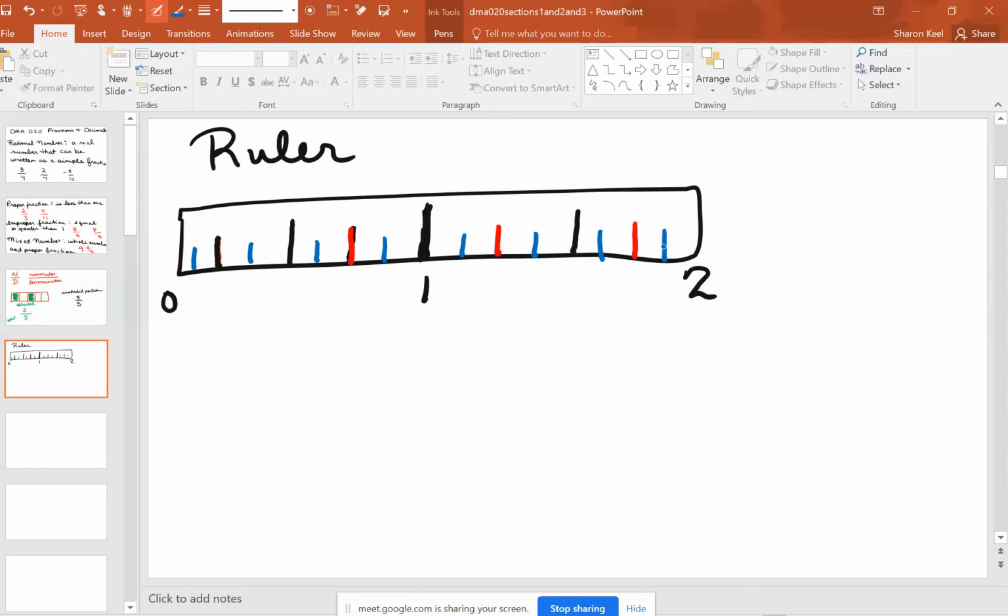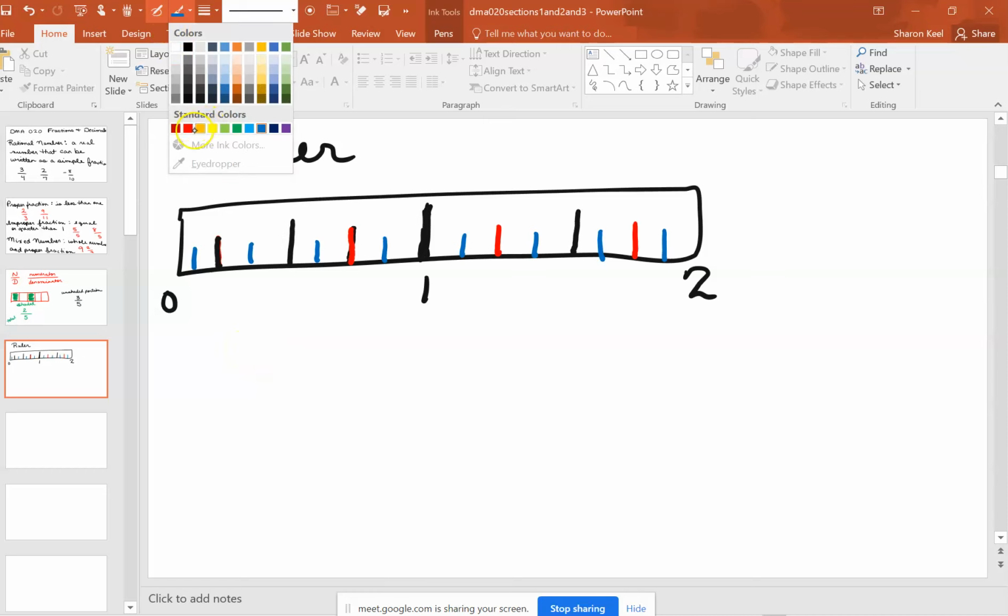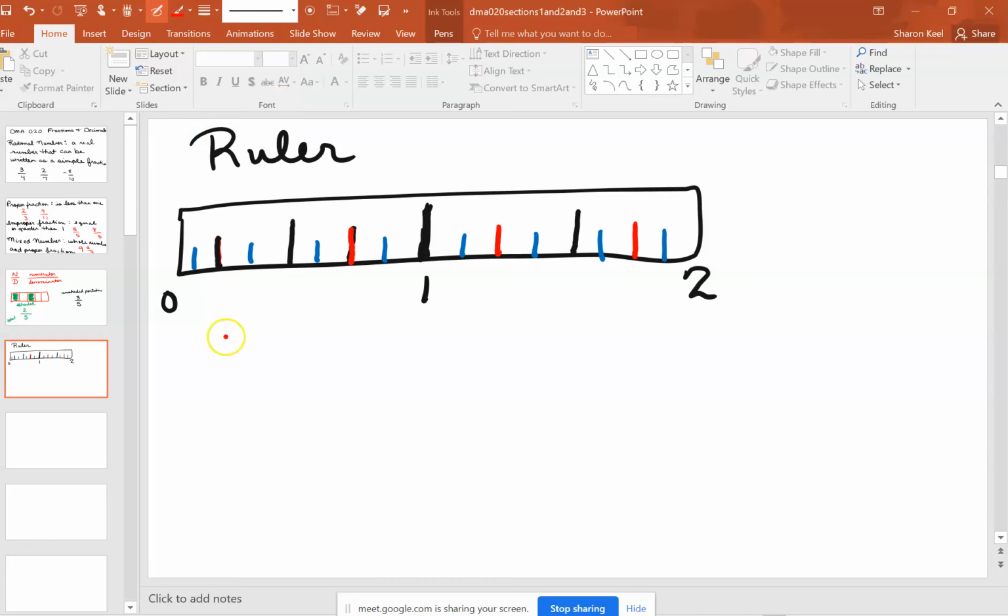So if I wanted to represent, let's say, 7/8, to get to the one whole, I would have 1, 2, 3, 4, 5, 6, 7, 8 pieces. 8 out of 8, 8/8 would be the one whole.